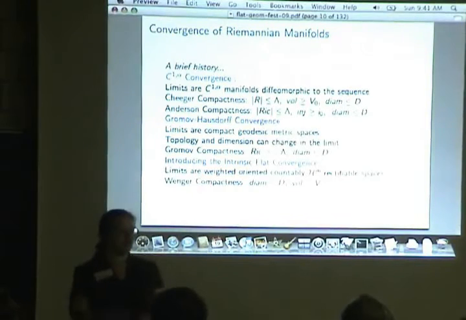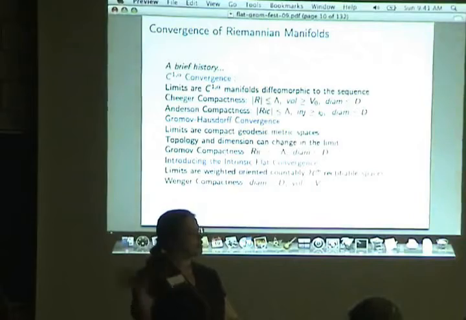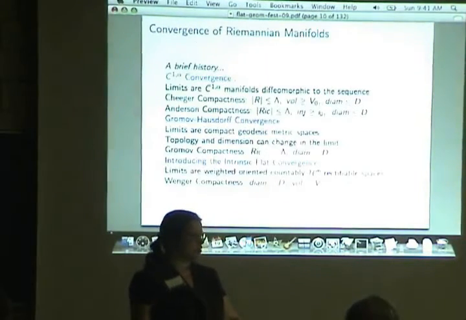So it's a very large class that has this convergence. Another interesting thing about our limits is that the dimension is the same in the limit as the sequence. Is it a metric space? It is a metric space with Lipschitz charts.